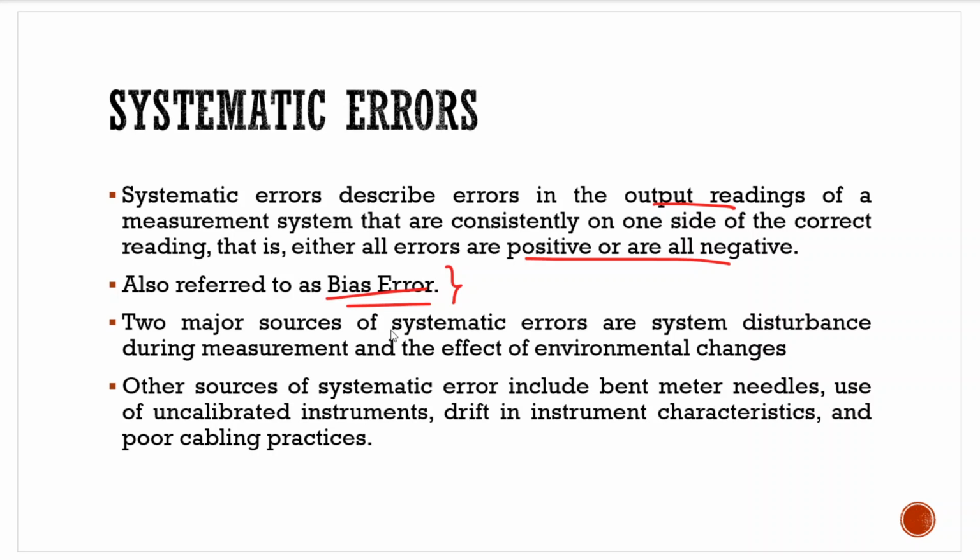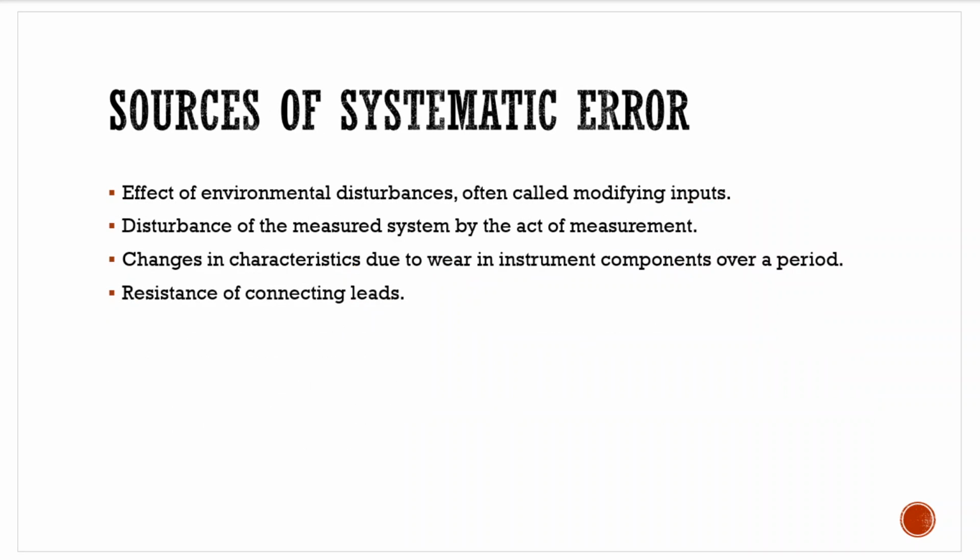Now there are different sources of systematic errors that lead to the classification of these errors. The effect of the environment on measurement classifies our environmental errors. Disturbances in the measuring system, that is, by means of faulty measurement, whatever errors come in the measurement will be classified as instrumental errors.